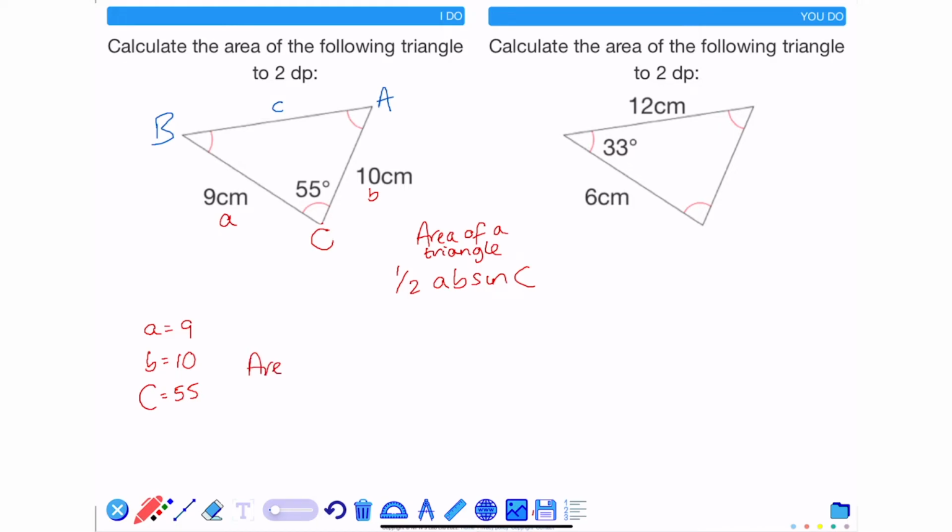The area will equal a half times 9 times 10 times the sine of 55. 9 times 10 is 90, and half of it is 45. 45 times the sine of 55, and grabbing a calculator and typing this in and rounding to two decimal places gives 36.86 centimetres squared.